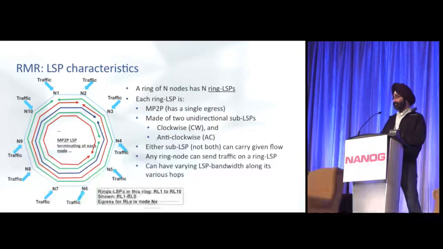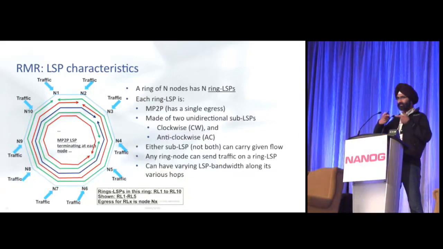Each ring LSP will be a multi-point to point LSP, so by virtue of that, it has one egress router. Demonstrated in this picture, by those colored lines, are 5 ring LSPs, where the node where the 2 arrows meet for a given colored line is the egress for that ring LSP.